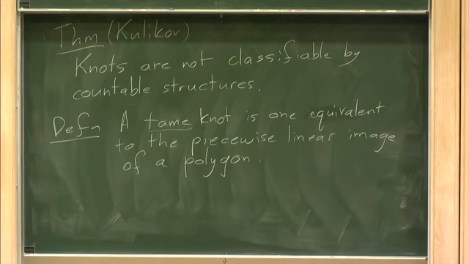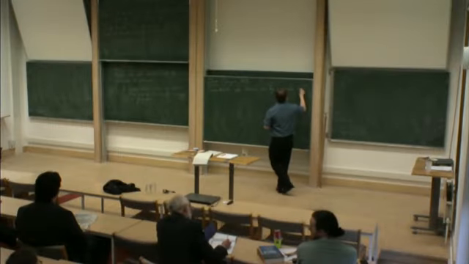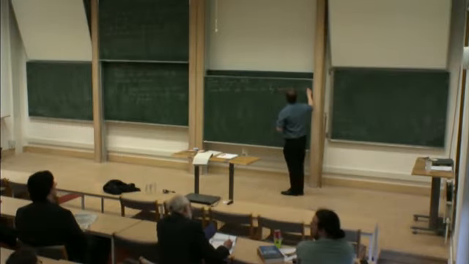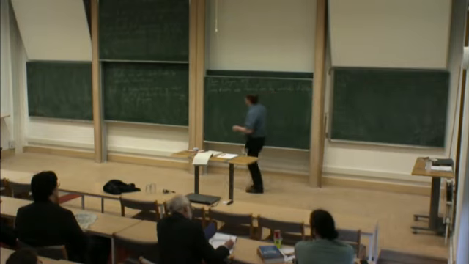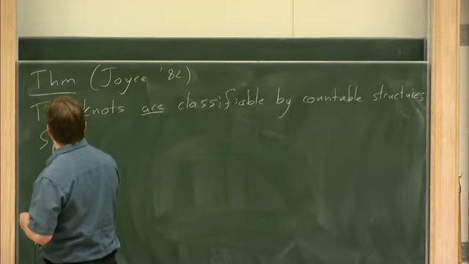I think a paper of '82, that tame knots are classifiable by countable structures, specifically quandles.